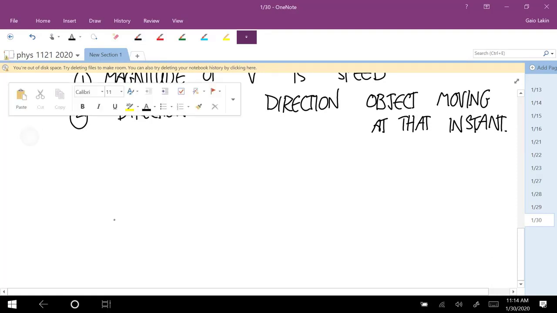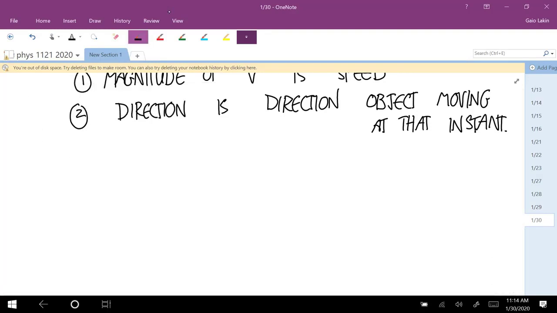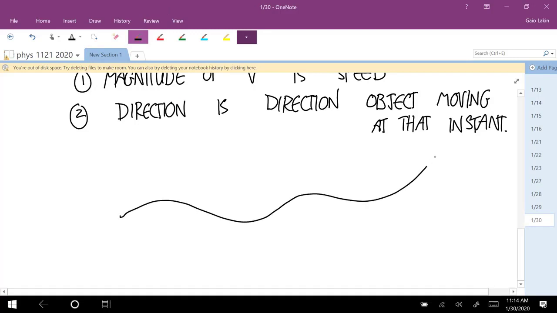So if you have an object moving along, let's say this is the path that an object is following, and let's say it's going this way.